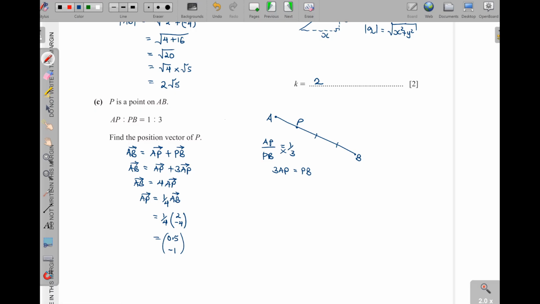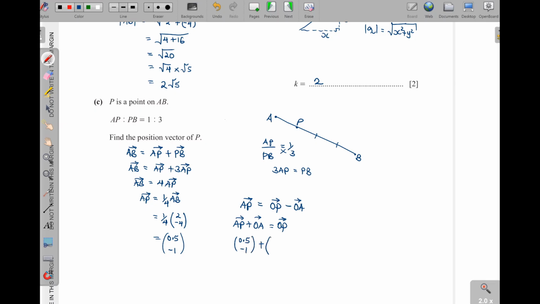Then from there, AP, just like I said, we forget the last minus the first. So it will be OP, then minus OA. So bring this on this side, that means OP is going to be AP plus OA. So OP is equal to AP plus OA. What is AP? (0.5, -1).